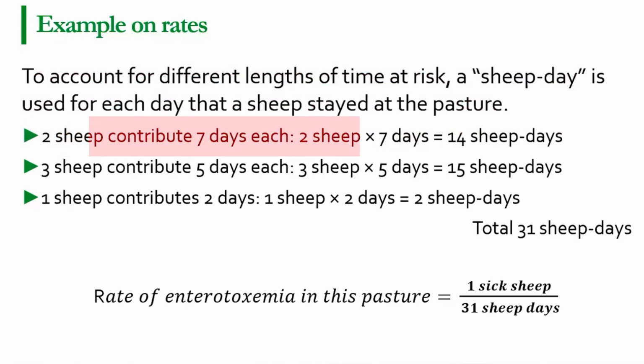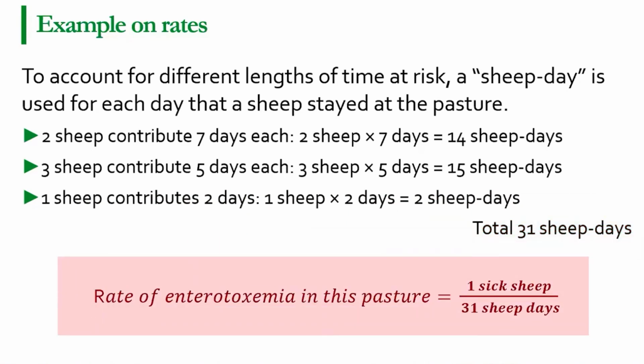We had 2 sheep which contributed 7 days each, so we get 14 sheep days. Then we get 3 sheep by 5 days, which gives 15 sheep days. And then there is 1 sheep which stayed only 2 days in the pasture, so we get 2 sheep days. In total, we get 31 sheep days.